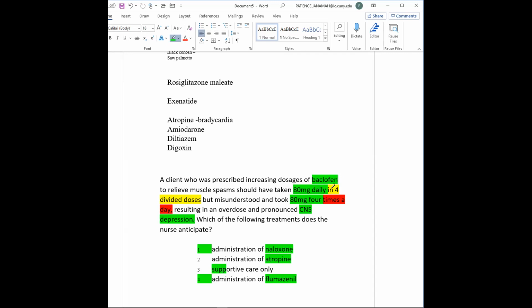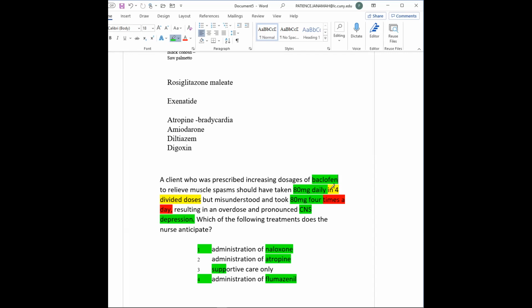But if you understand that naloxone doesn't have to do with an NSAID, it's an opioid antidote, which I know everybody can easily figure out. Atropine is a medication used to slow down the heart rate.